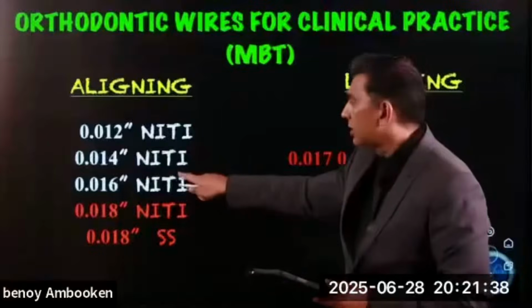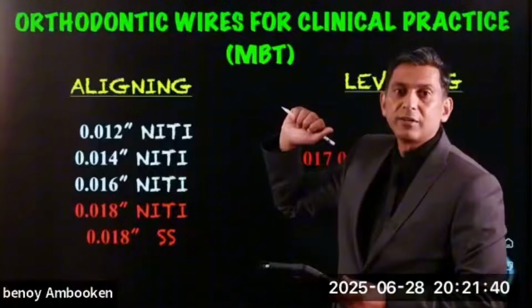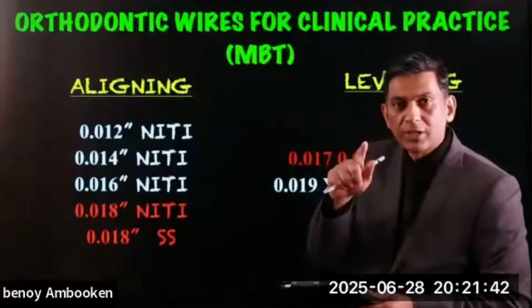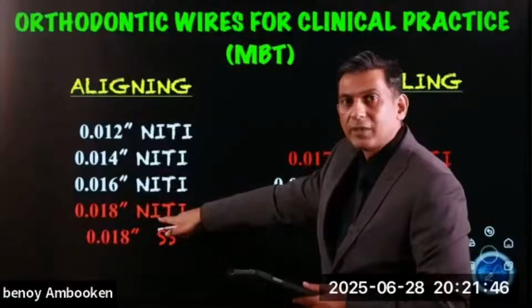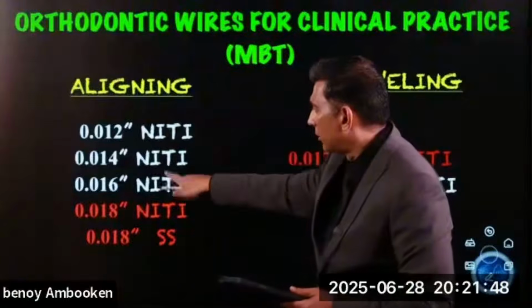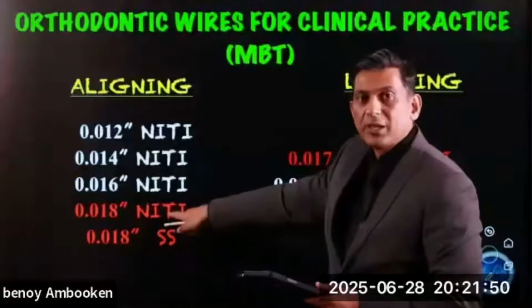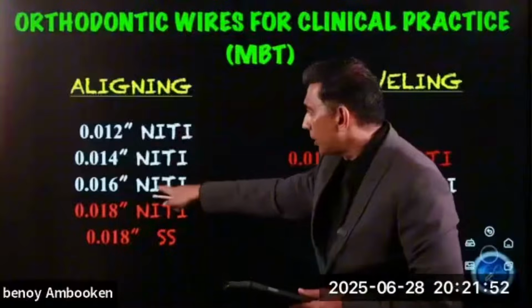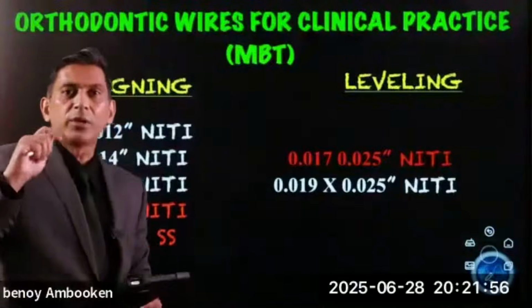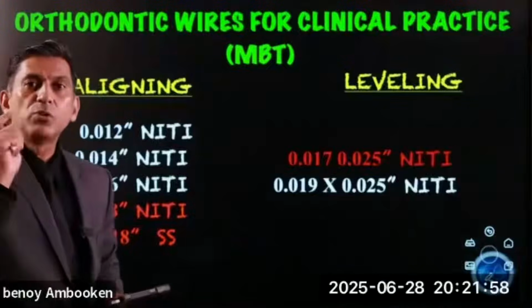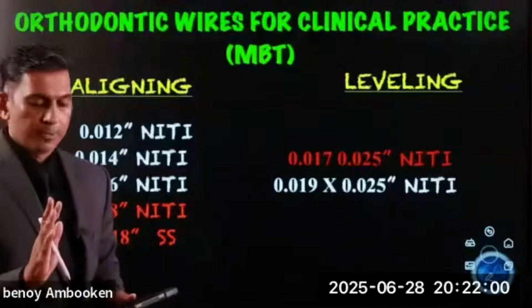So minimum, reach up to .016 nickel titanium wire. If your patient is allotting time, you plan even for .018 nickel titanium wire. So you should keep in mind these four wires should be there with you. You should minimum reach up to .016 nickel titanium wire. So round nickel titanium wire for a prolonged time is going to get you a perfect aligning stage.